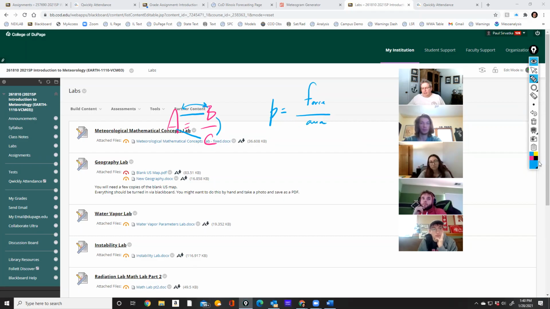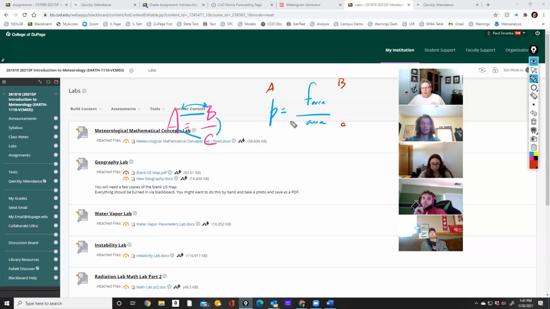don't I have, isn't this A, B, C? Isn't pressure A, and isn't force B, and isn't area C? I should be able to know the relationship between pressure and area, and pressure and force and area.